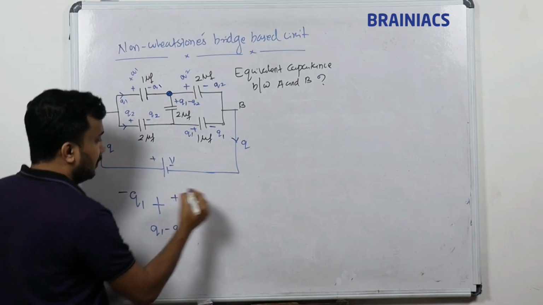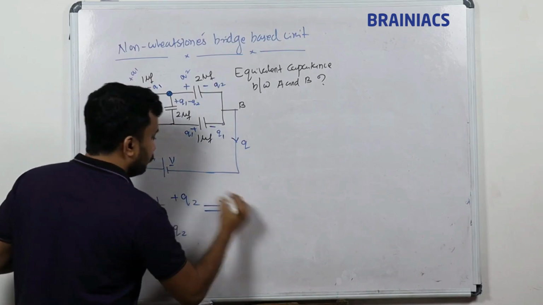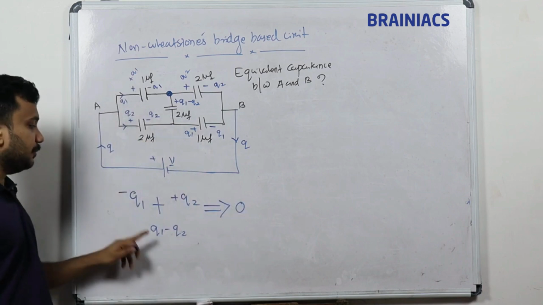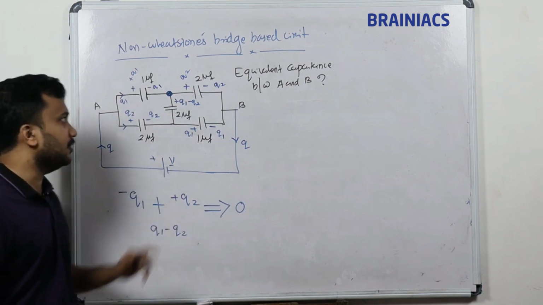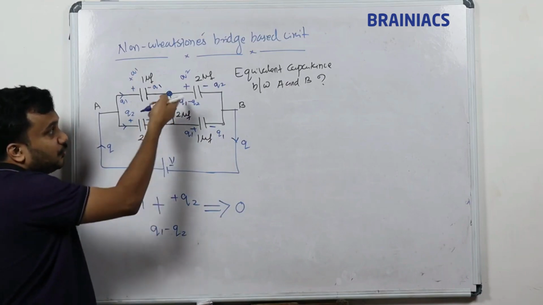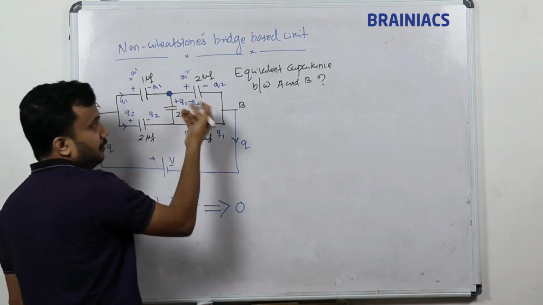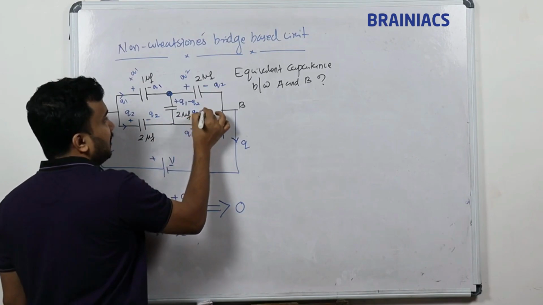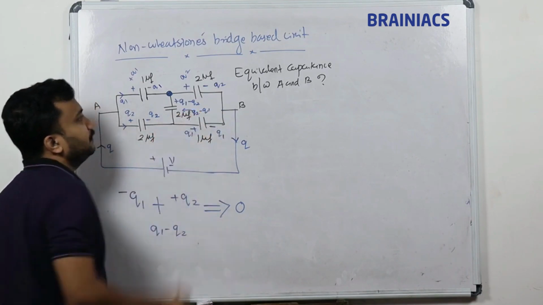If you add all this, the sum will be 0. Minus Q1 plus Q1 is 0, plus Q2 minus Q2 is 0. So Q1 minus Q2 will be there. What is on the other plates? The bottom plate is just opposite. So Q2 minus Q1 will come here.